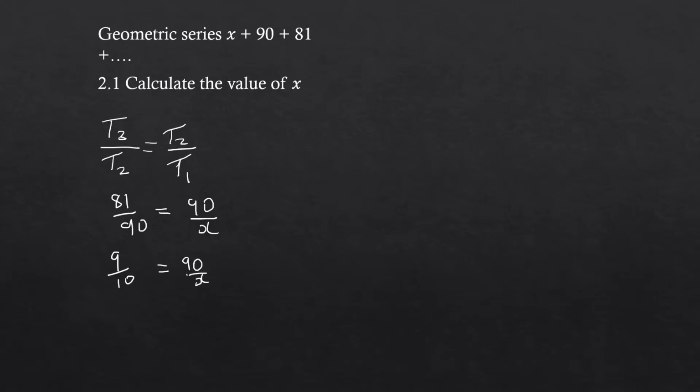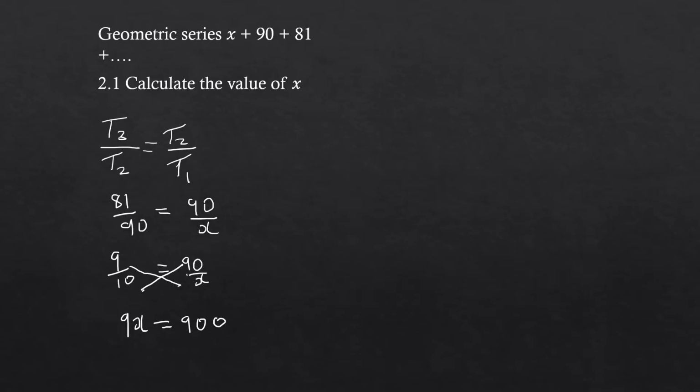The next step is cross multiplication. We say 90 multiplied by x is equal to 10 multiplied by 9. Therefore 9x is equal to 10 times 90, which gives us 900.